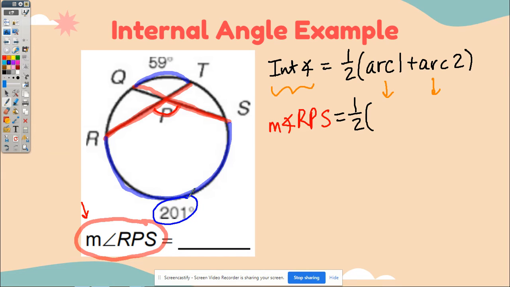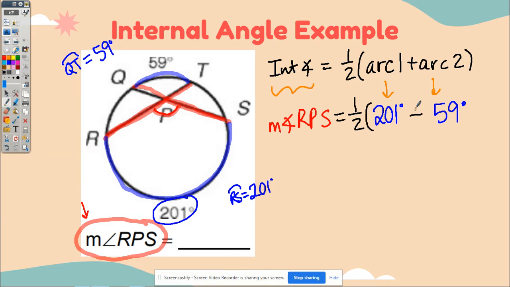I have 201 for this arc, which is arc RS. So RS is 201. And then for this arc over here with the very cute name QT is 59. It doesn't matter what order you put it in, because addition is commutative. Then you just have to add and then multiply by 1/2.